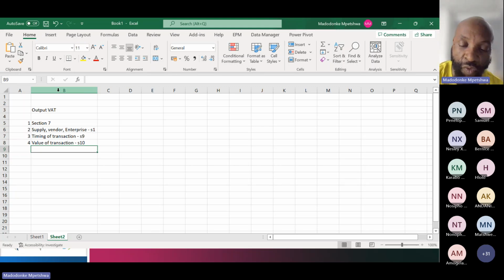And the definition, of course, says it's an amount that is inclusive of VAT. So it's an amount that is inclusive of VAT. Okay, so be on the lookout for that.